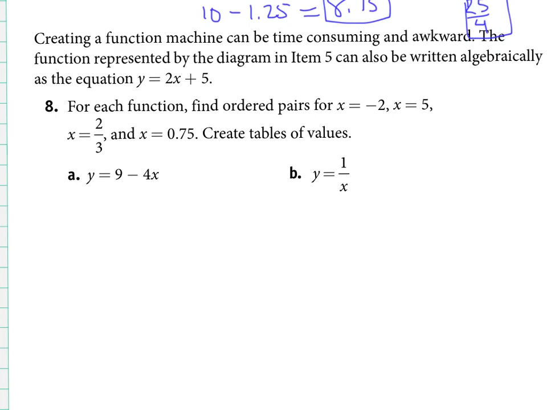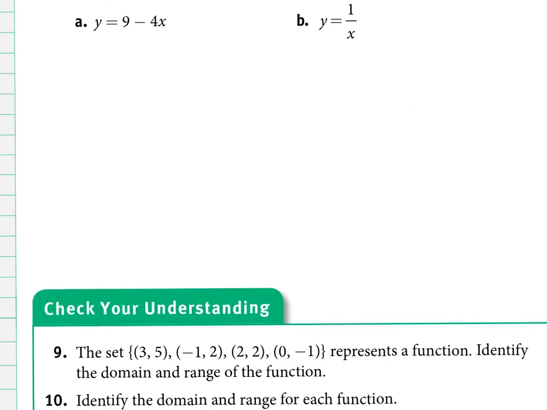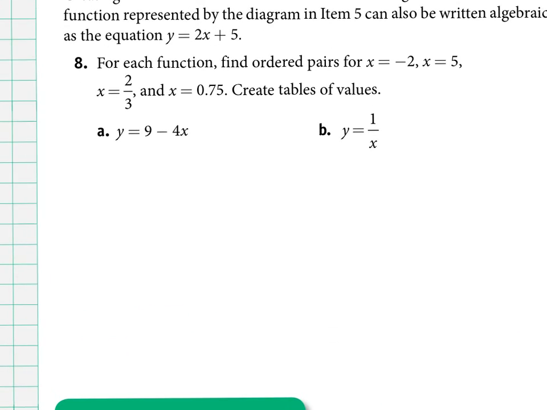For each function, it says find the ordered pairs for negative 2, 5, 2/3, and 0.75. There's A and B. So you're going to plug in these four inputs into each one of these functions and tell me what you get. Okay, go ahead and do that on your own. I'll return with the correct answers.